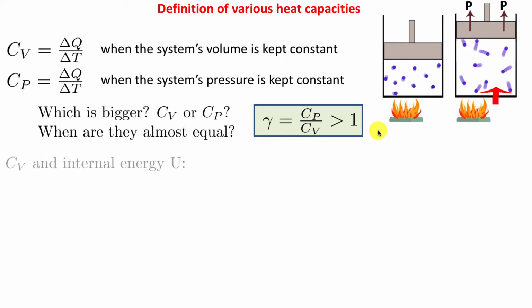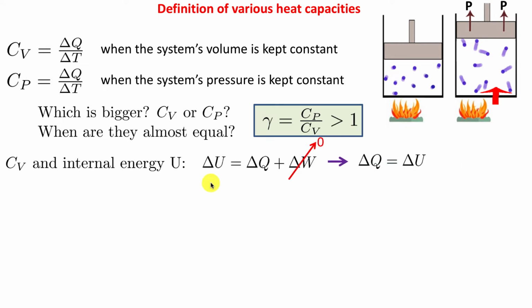That's pretty obvious. Now let's look at Cv and the relation to the internal energy U. Well, the first law of thermodynamics says that the increase in the internal energy of a system is equal to the heat put into the system plus the amount of work done on the system.